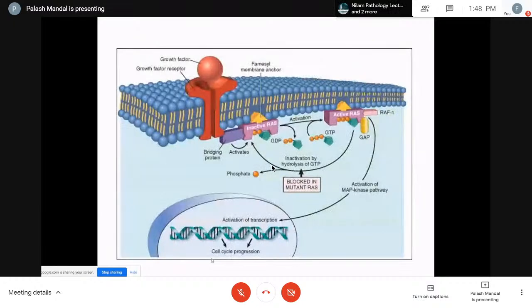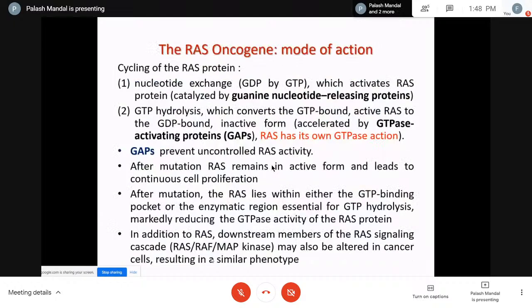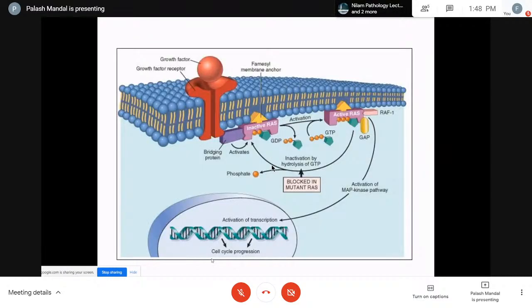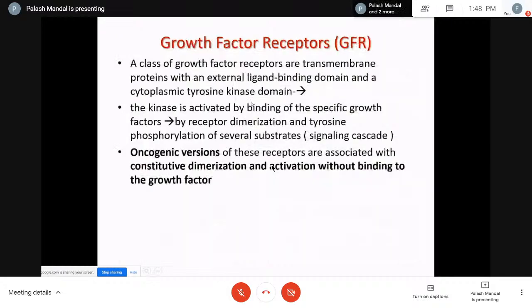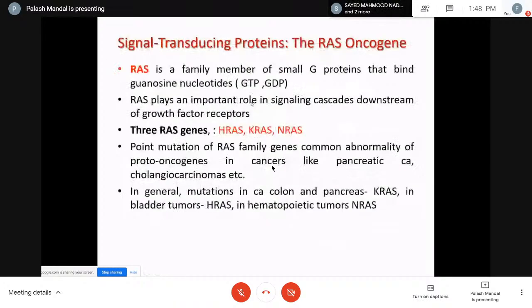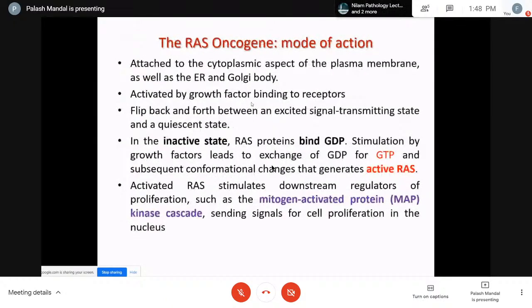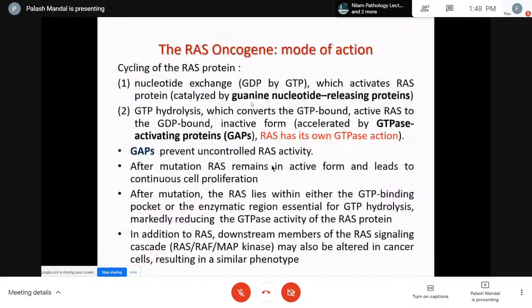Please practice drawing these types of diagrams with your own hands, and then you have to write about the mode of action, and finally what are the cancers which are associated with the particular protein that has been elaborated here. So you see RAS is given here, and also we had discussed it. If it is given as a short note, we have to write all these things.